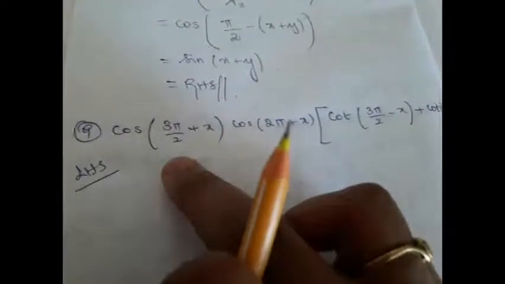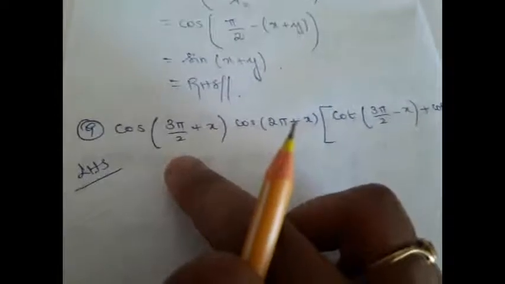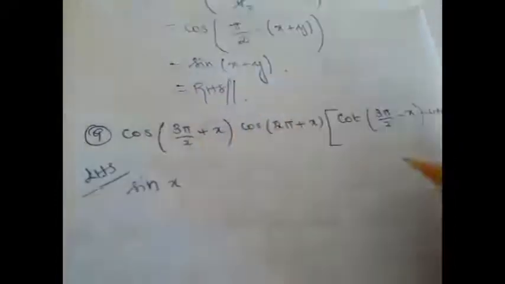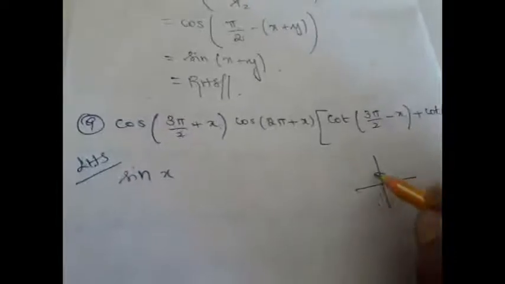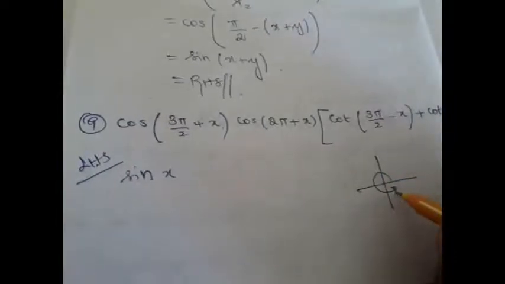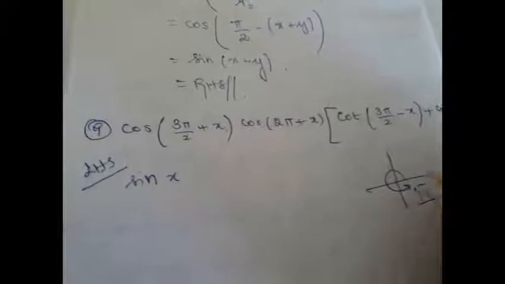So cos(3pi/2 + x). As I told you, when it comes in terms of pi by 2, the trigonometric ratios will change. Cos will become sin, sin will become cos. So this will become sin x, but you have to check for the sign. 3 pi by 2 plus x means it will come to which quadrant? 3 pi by 2 plus x means it will come to the fourth quadrant.